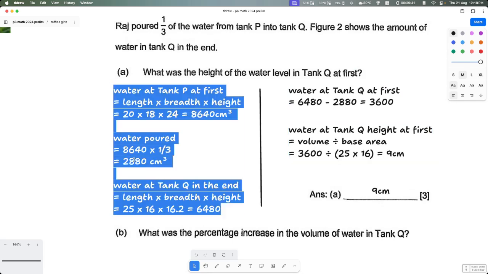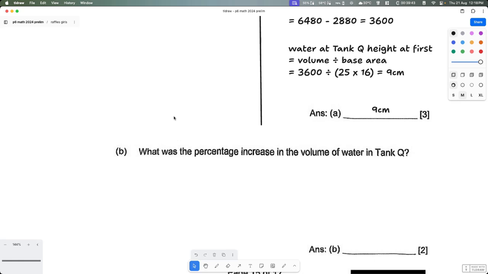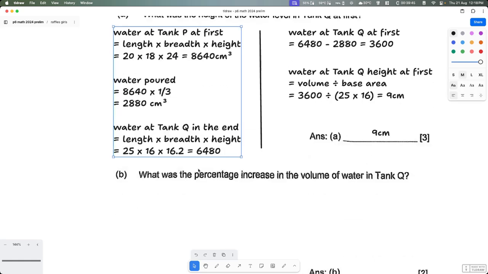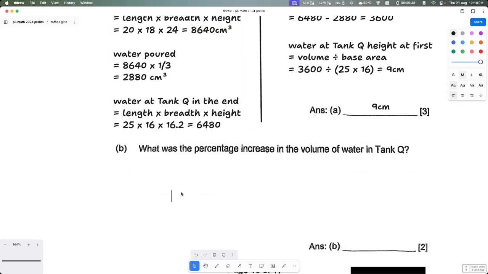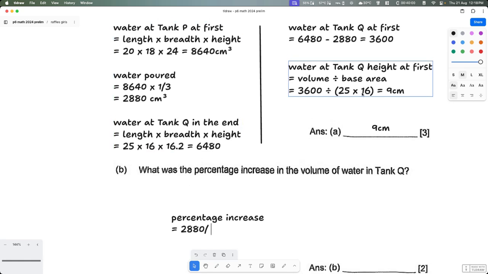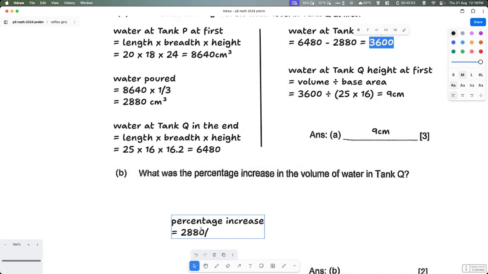So the percentage increase is equal to the water poured, 2880, divided by the water in tank Q at first, 3600, and then times 100%.